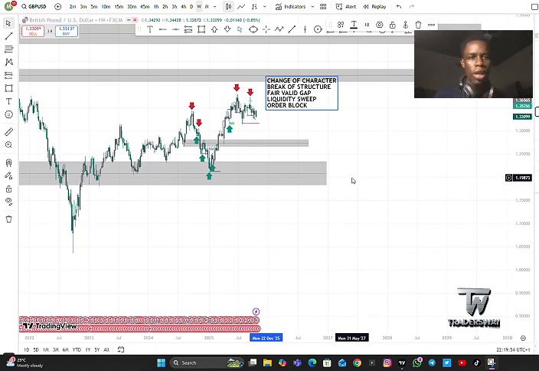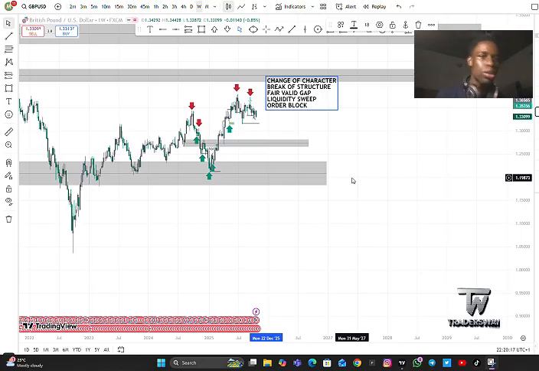Today's topic I want to teach you guys about SMC, smart money concepts. Traders have been hearing about SMC. What is SMC? SMC is a simple strategy used by banks, hedge funds, big investors. Understand? This simple strategy helps retail traders to trade like banks and hedge funds.